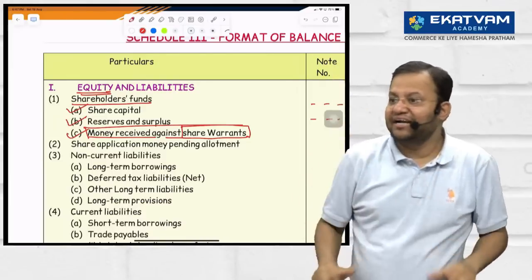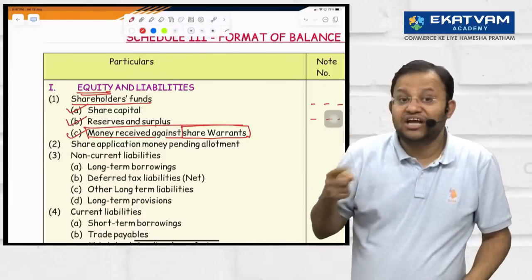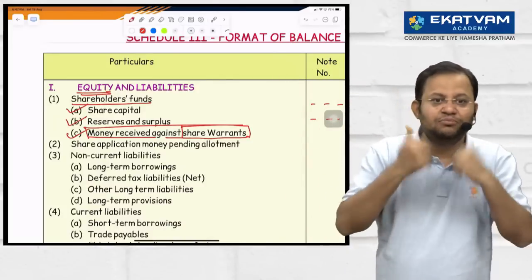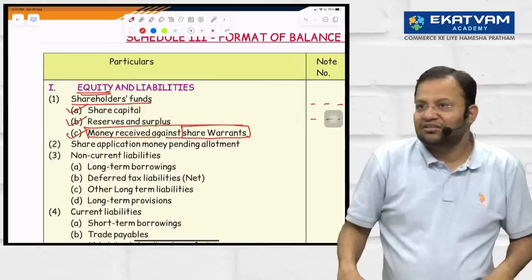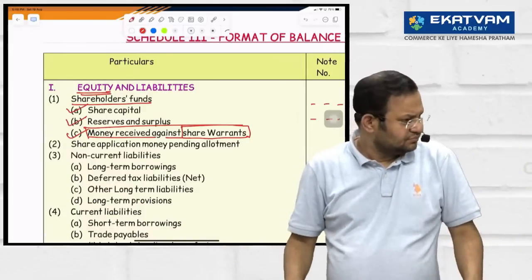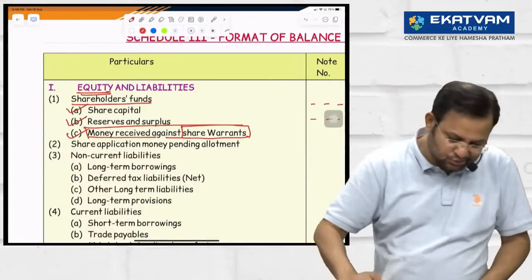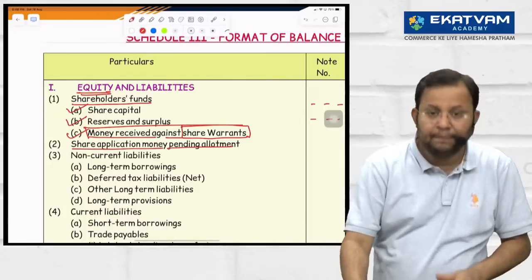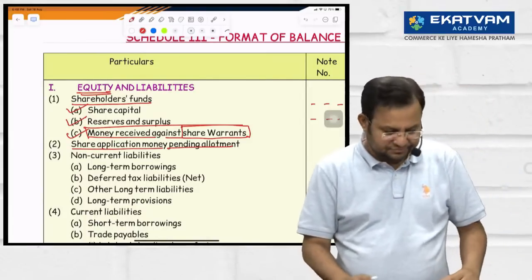Allotment is done on what date? 3rd April. So it becomes share capital on which date? 3rd April. But on 31st March I have received money, na? On 31st March I have received money. Where will I show that money? I will show that money under the head share application money pending allotment.